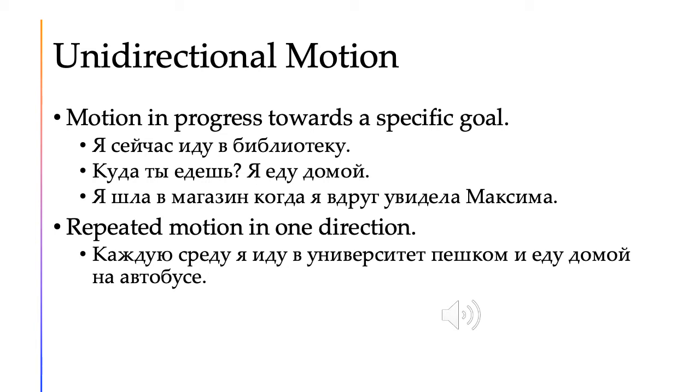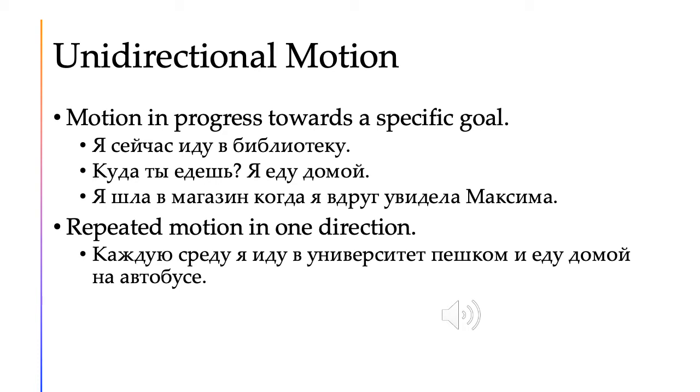Another example could be «Куда ты едешь? Я еду домой». Where are you going? I'm going home. Again, you see someone, maybe they're riding on the bus, maybe you see them in the car, and you stop to talk to them as they're stopped at a stoplight, and you ask them, «Куда ты едешь?» Where are you going right now? You're interested in where they're going at the moment, not where they're going in general, and not whether or not they're coming back.